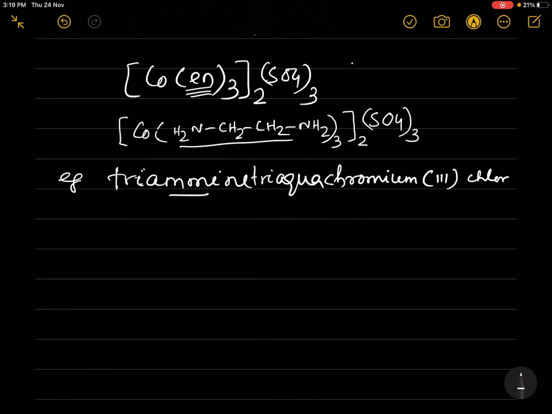So this is the cation, this is the anion, this is Cl minus, but we have to find X over here. Triammine triaqua chromium(III).